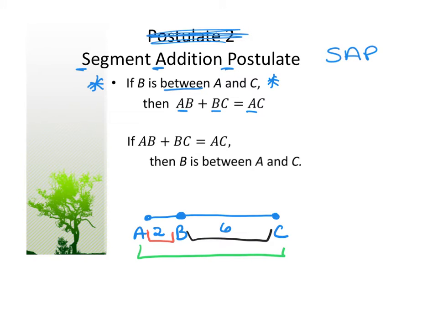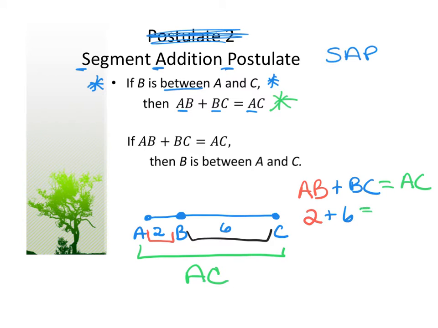So if I wanted to find out how long AC is, I can use my segment addition postulate, and I can do AB plus BC's piece, and that gives me AC's length. So AB would be 2, BC is 6, and that would equal 8.